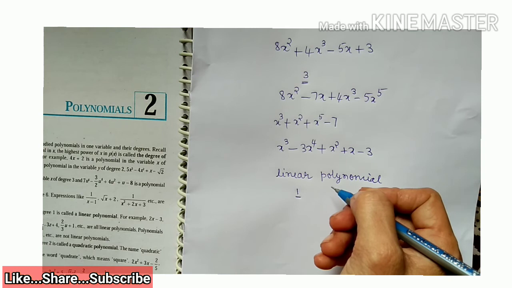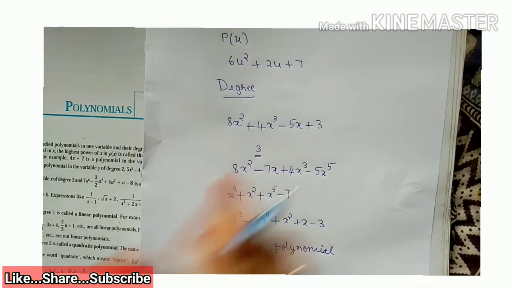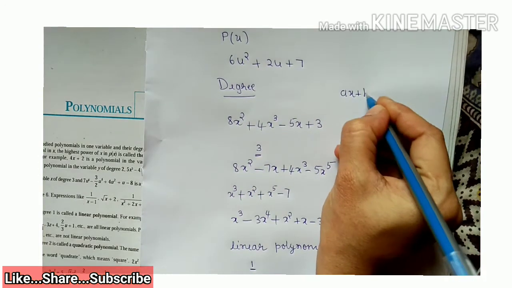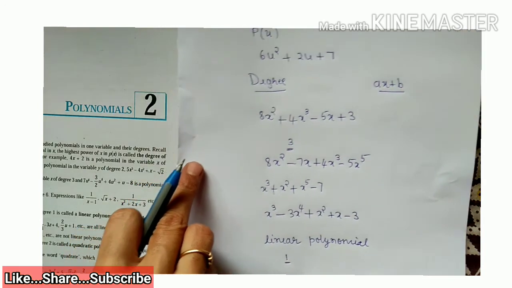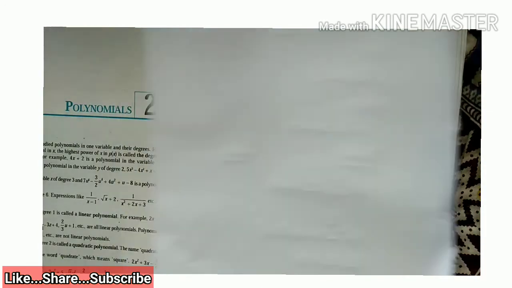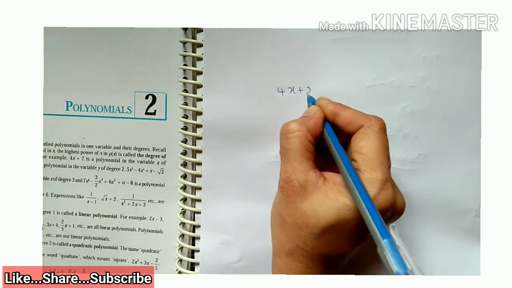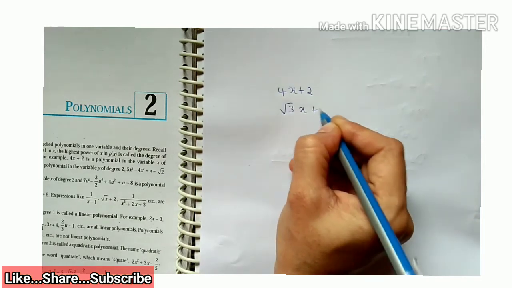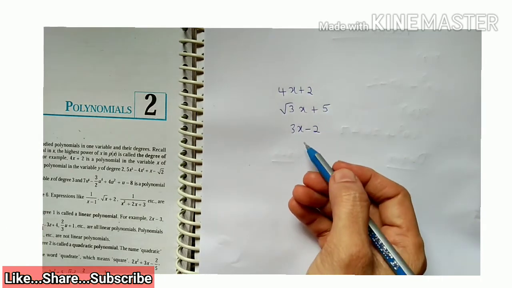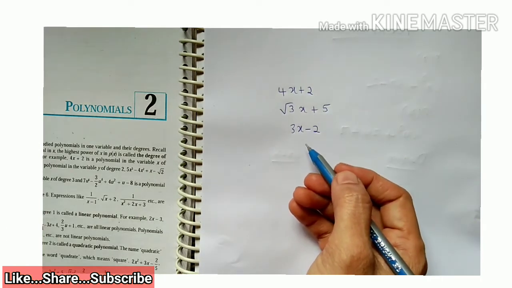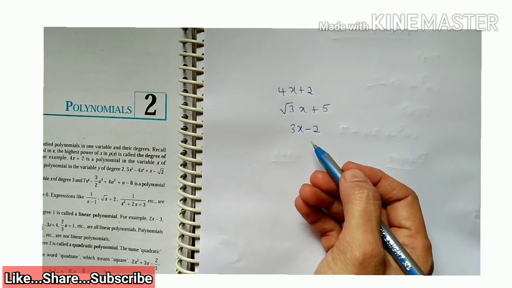The general form or standard form of linear polynomial is ax plus b. For example, 4x plus 2, root 3x plus 5, 3x minus 2 are linear polynomials. If the degree of p of x is 1, then it is called a linear polynomial.